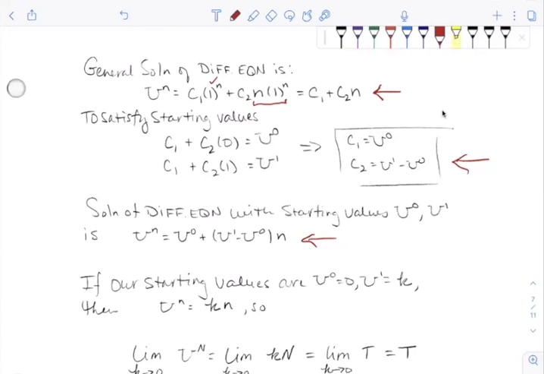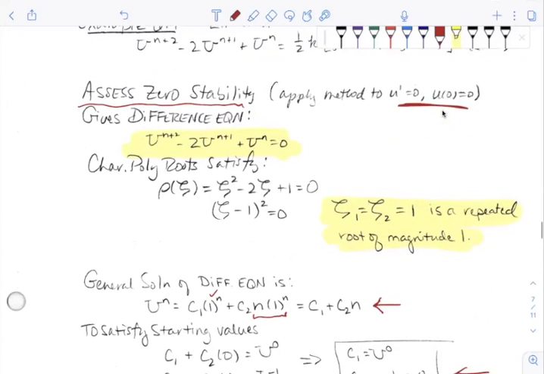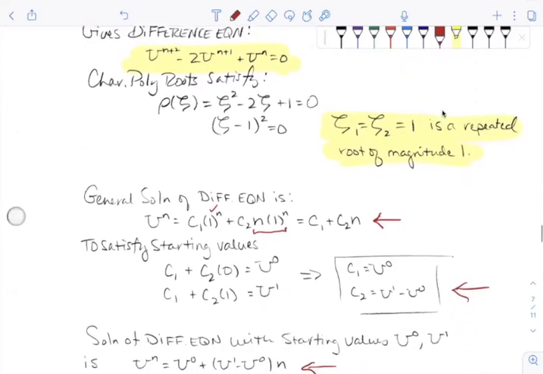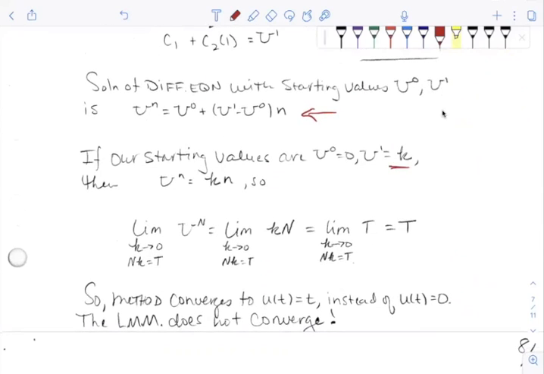So now here's what I want to do. I know that the true solution to this trivial IVP is just 0 for all values of n. However, what if I have some kind of error?